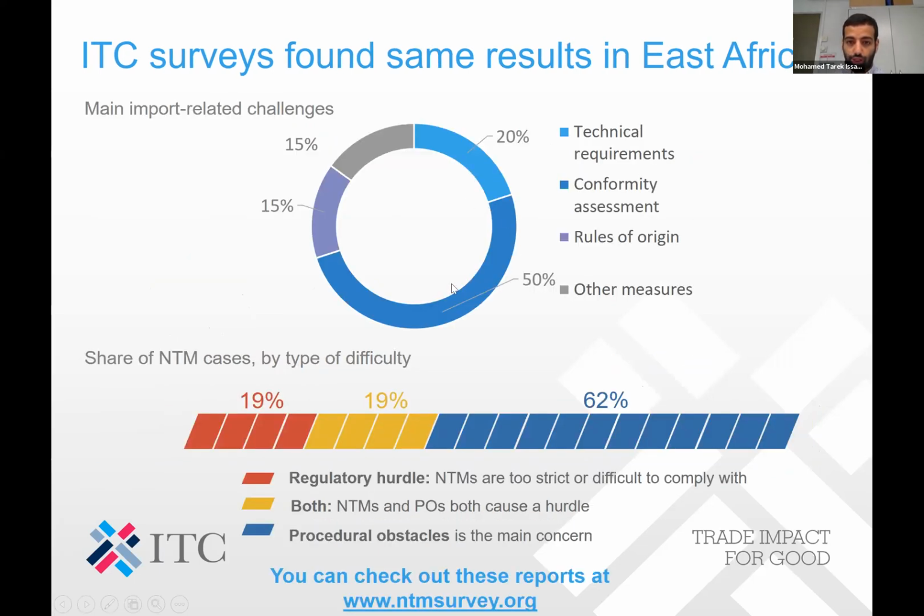Most of the problems are related to SPS, TBT, and the conformity assessment with this regulation, as well as the rules of origin. And most of the challenges are because of the related procedural obstacles.